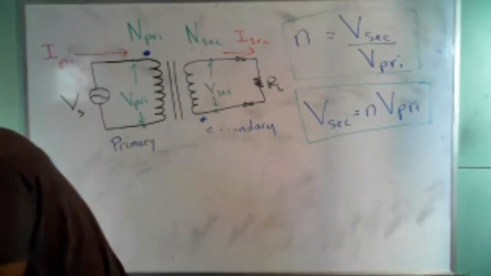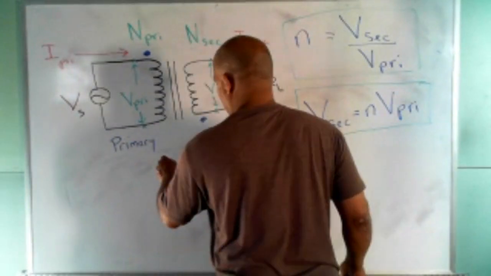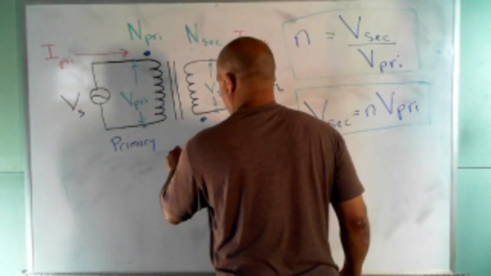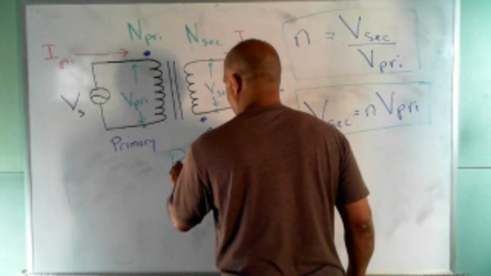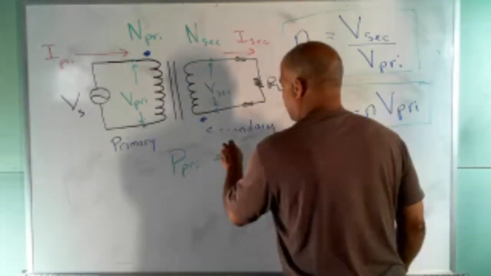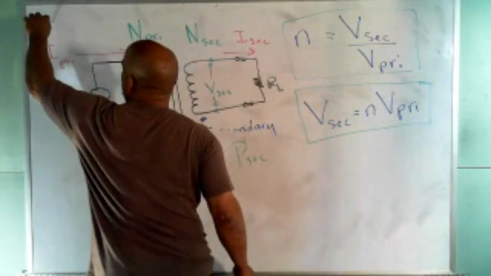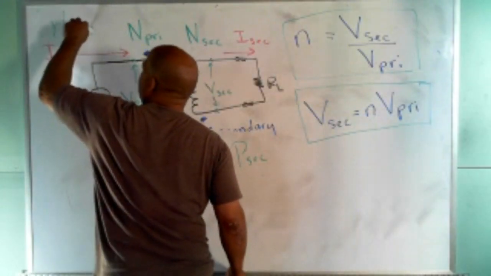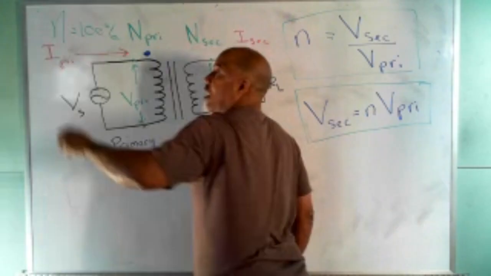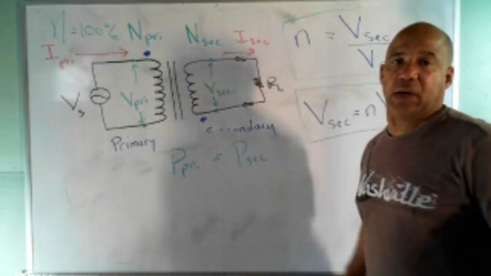So we're going to assume that P pri is equal to P sec, and that only happens when my transformers are 100% efficient. So for all calculations, we're going to make that assumption because it makes the math easier.